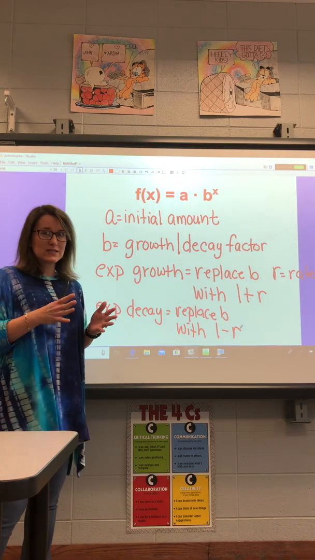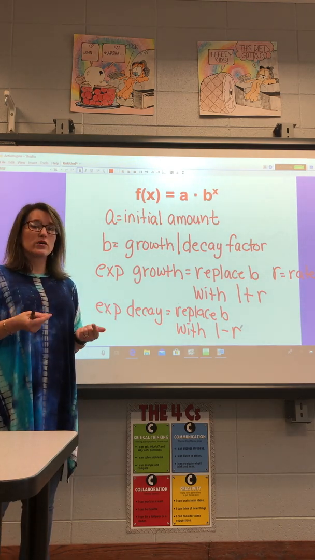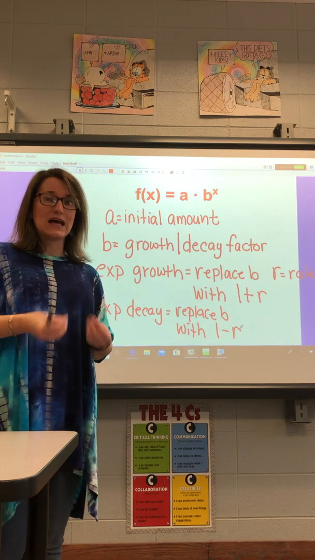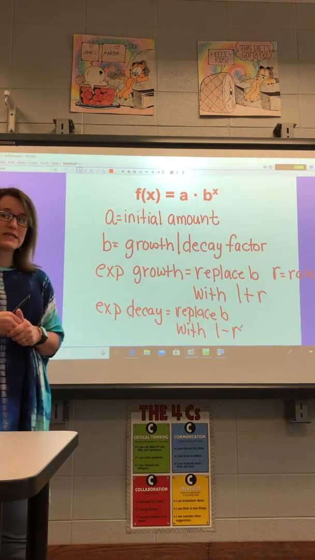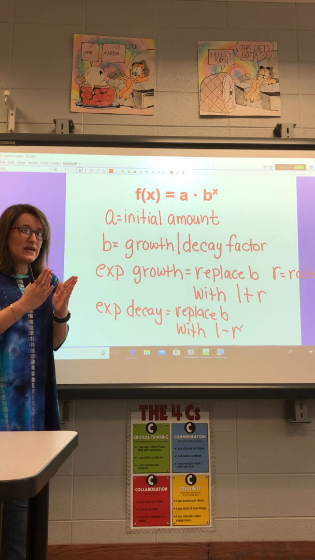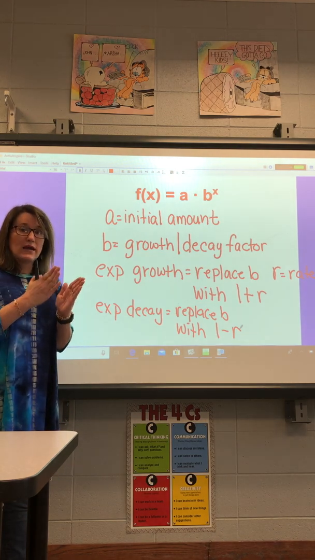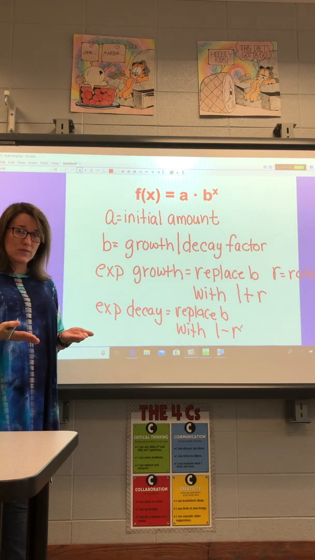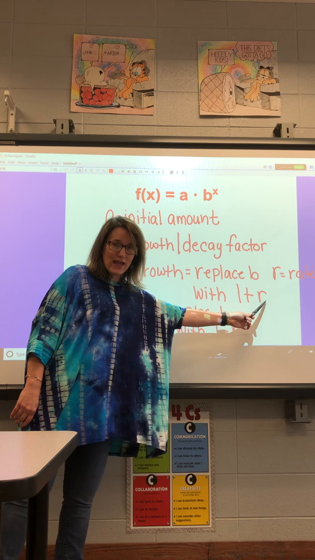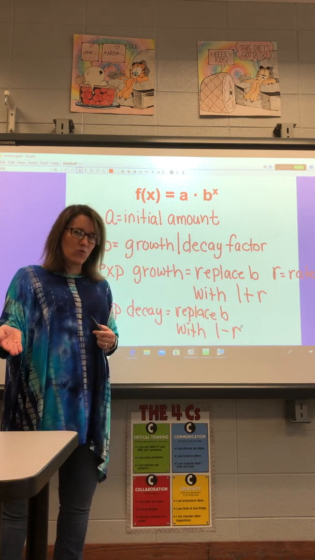If you're dealing with exponential decay, you are going to replace B with 1 minus your percent as a decimal. Now, the reason being is that when we have exponential growth, our B value should be greater than 1. In order to make that happen, we have to do 1 plus our rate, and that'll make our value greater than 1.